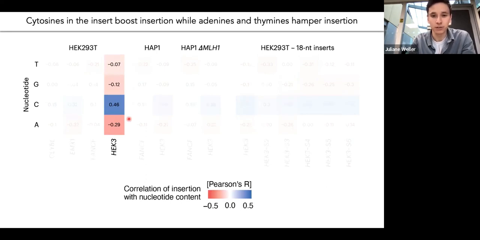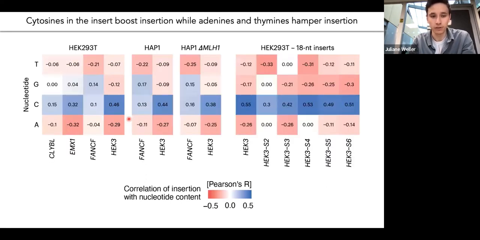And is it consistent? So we looked at our different cell lines, different target sites, and also some validation follow-up target sites. And you can see that cytosines are always beneficial in this position, and adenines and thymines almost always a disadvantage, although there's some variation between the individual sites.